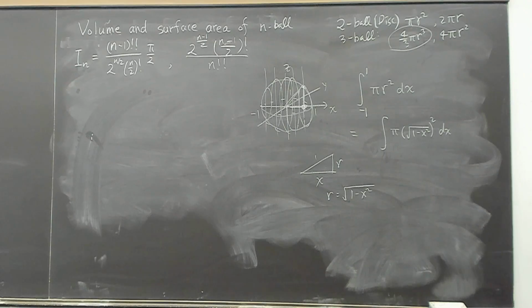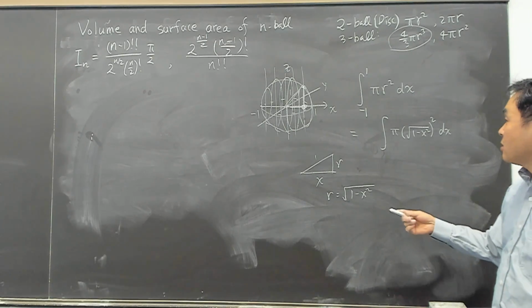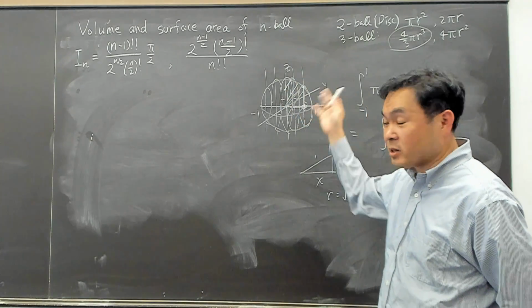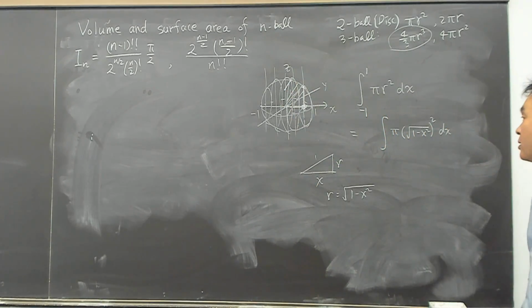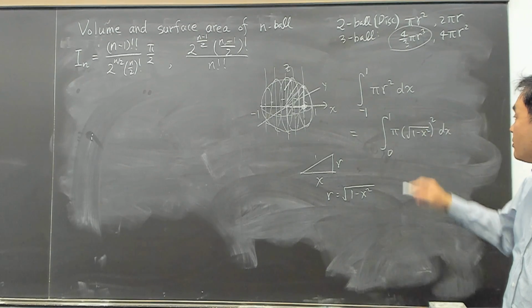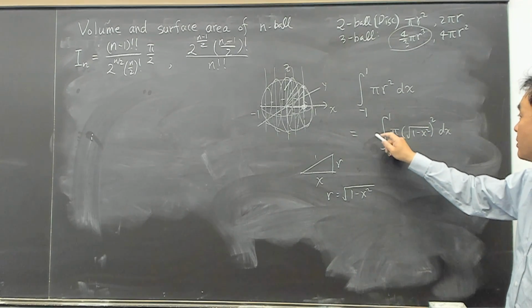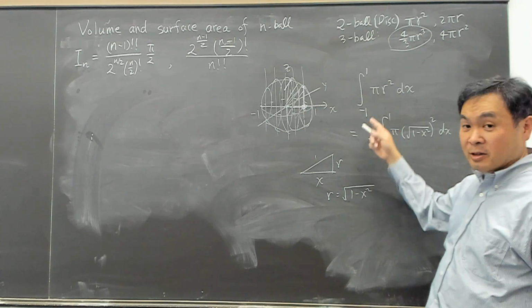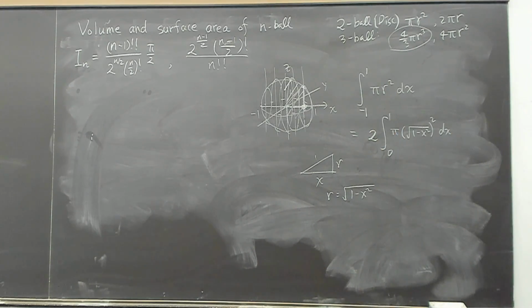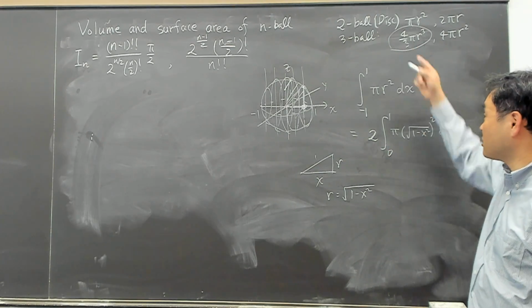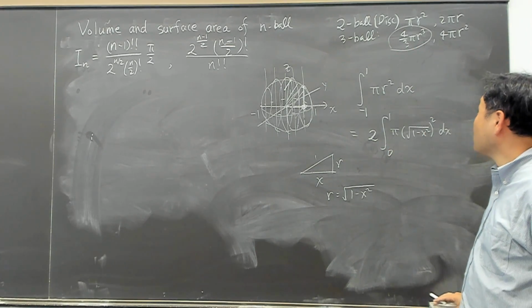And another way to save time is to just integrate from 0 to 1 to take only the right half portion. And then if you double this, then you get the same answer, right? So that's how we're going to do this. And the result of this calculation is pretty straightforward. You're going to get this 4/3 pi r cubed.